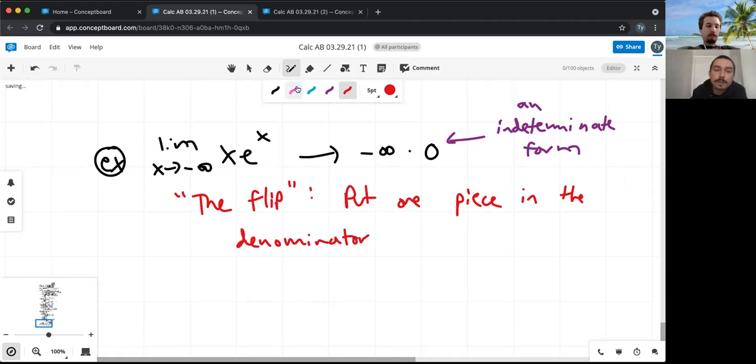So in this case, that would be either x or e to the x, right? These are the things being multiplied together. So we have 2 options.